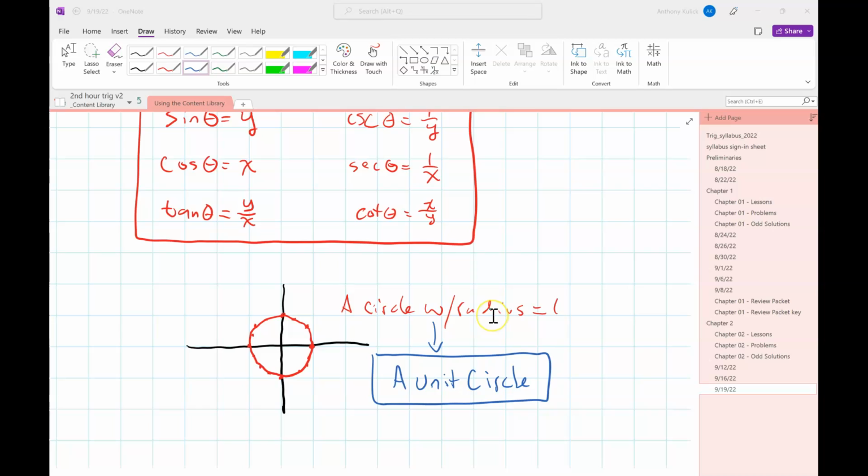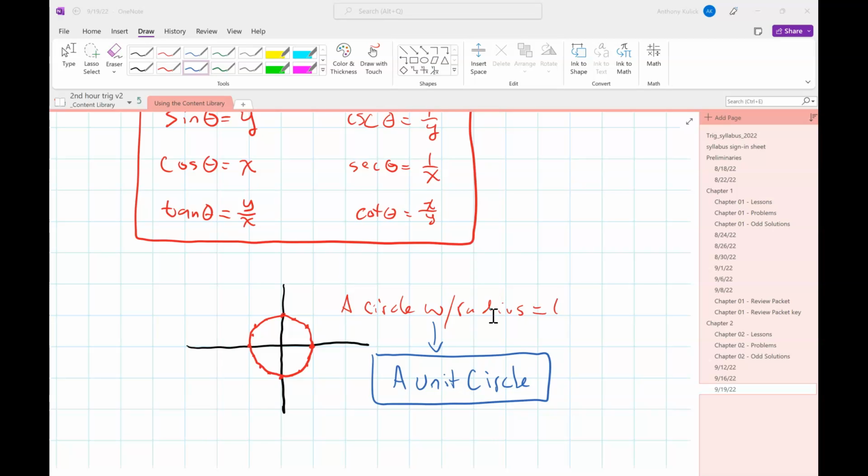Okay, so what we're going to do now is, we've observed that when we run into one of these angles whose reference triangle is one of the special right triangles, 30, 60, 90 or 45, 45, 90, we can find exact values for our trig functions.